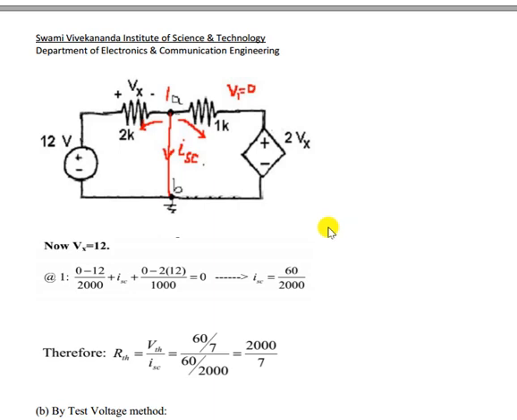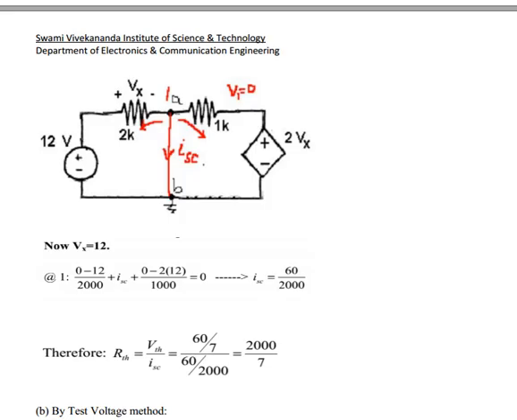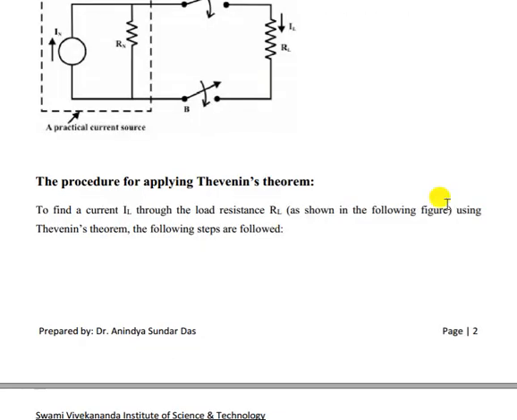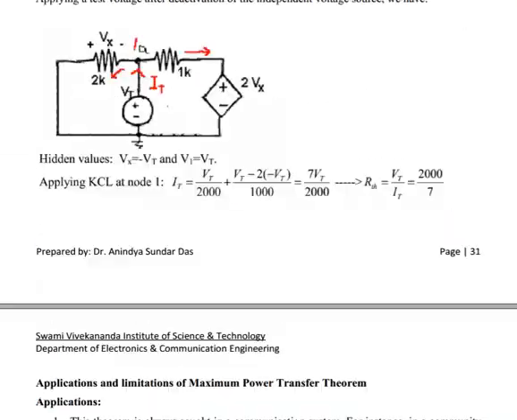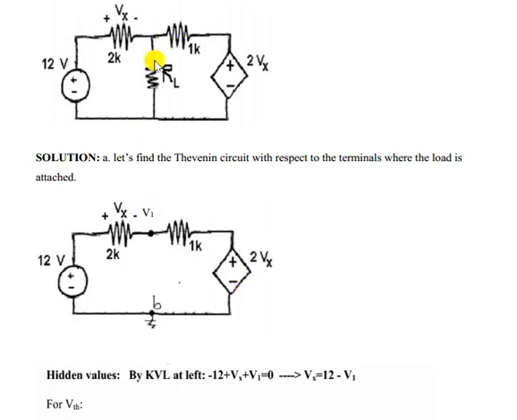So I am explaining that for any circuit, what we can do is remove the RL, find VOC or VThevenin.